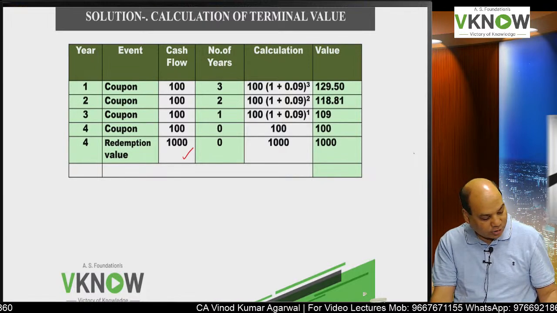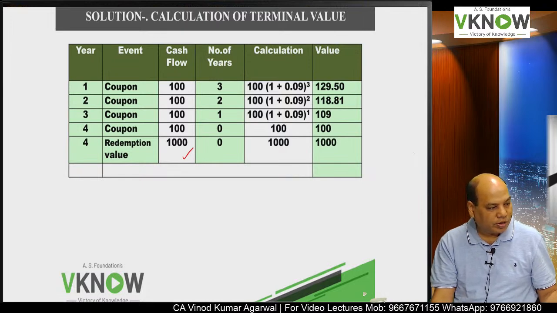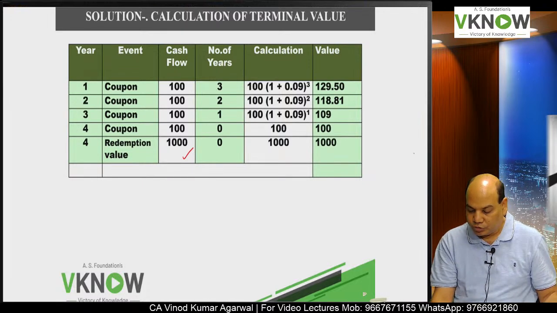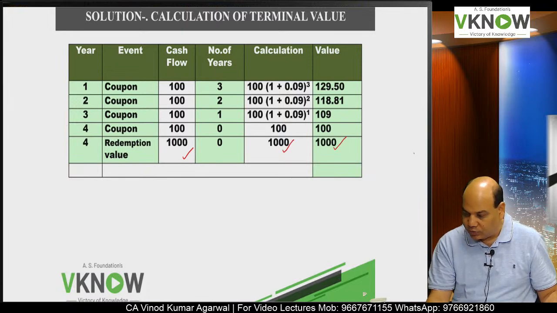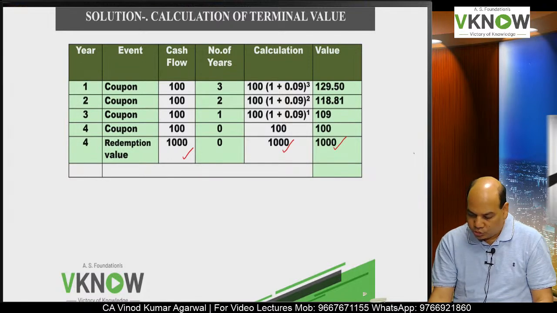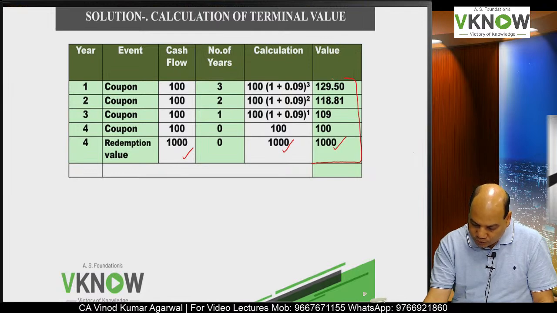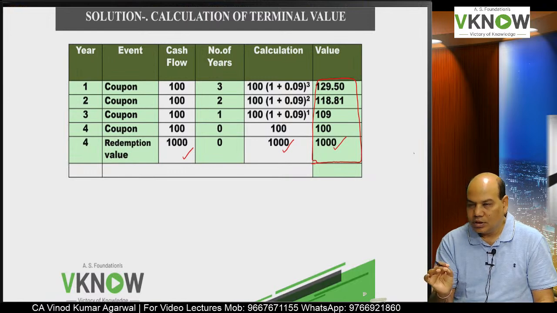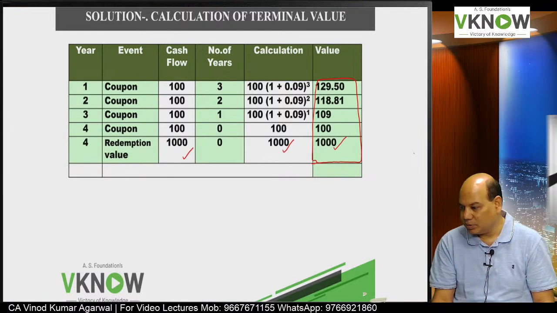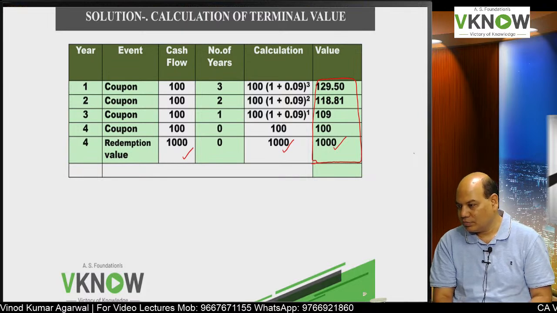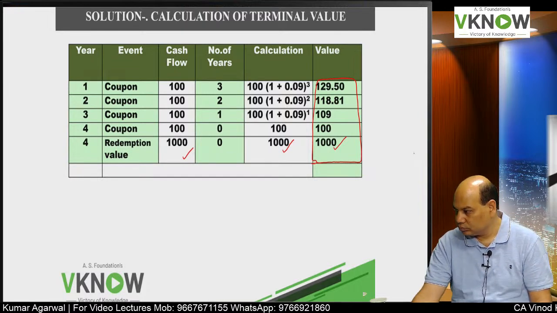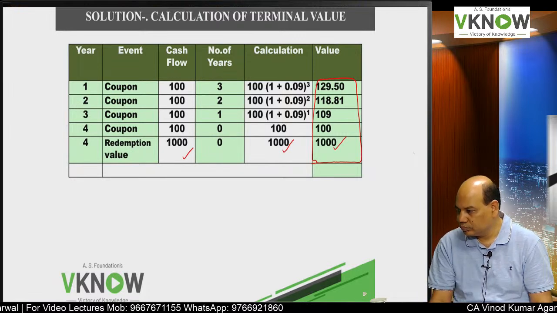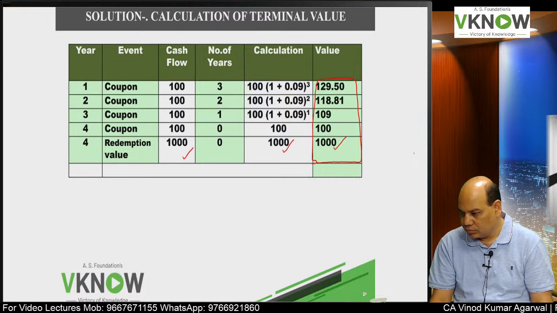If the question is not clear about redemption value, always assume redemption will be at par. So 1000 rupees will not be invested. It will remain with us. So what you do, take the total of this last column. This is the amount we will get if all cash flows are invested at 9%. Okay. So please tell me, what is the total?